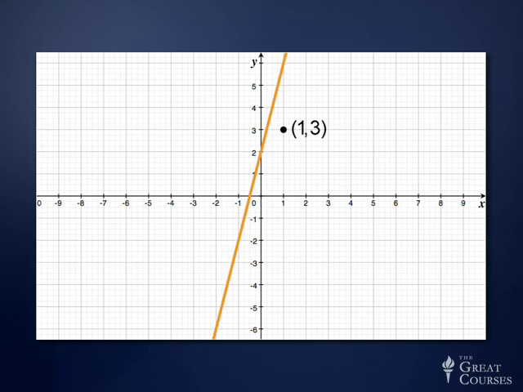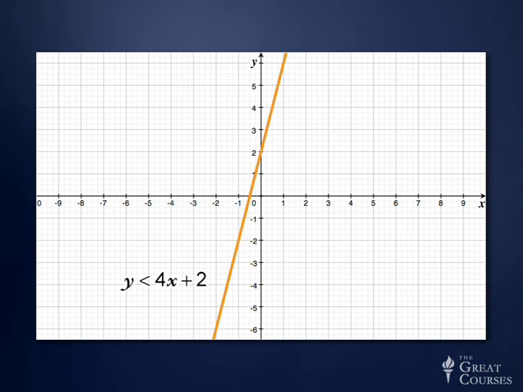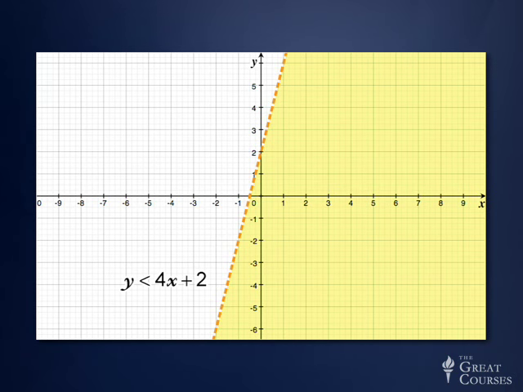Well, it's in the region of the plane that is to the right and below the line. And that tells us everything we need to know. The set of solutions to the inequality y is less than 4x plus 2 is the whole part of the xy plane that is to the right of and below the line y equals 4x plus 2. So when we graph this inequality, we actually shade in that whole region, and we're done.